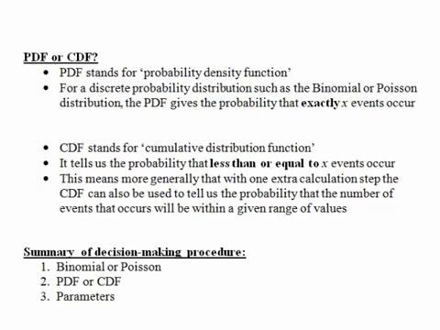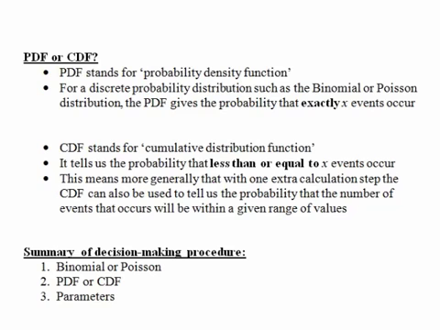So that means it'll be of the form probability X equal to some particular number. While CDF stands for cumulative distribution function, and the CDF tells us the probability that less than or equal to X events occur, meaning that more generally, with one extra calculation step, the CDF can also be used to tell us the probability the number of events that occur will be within a given range of values.